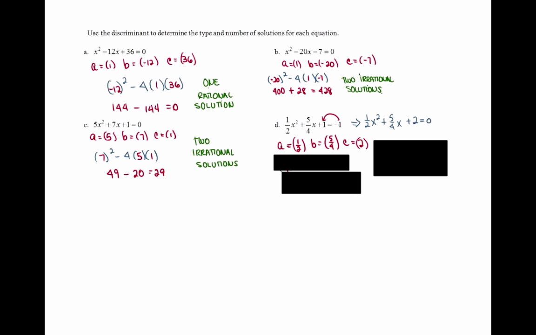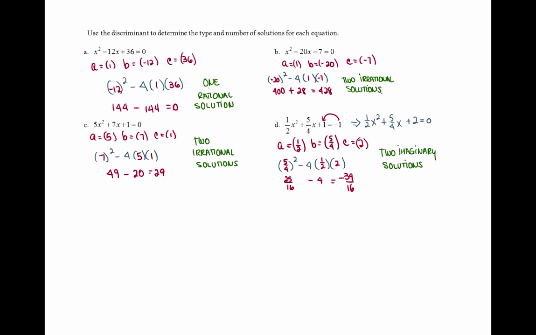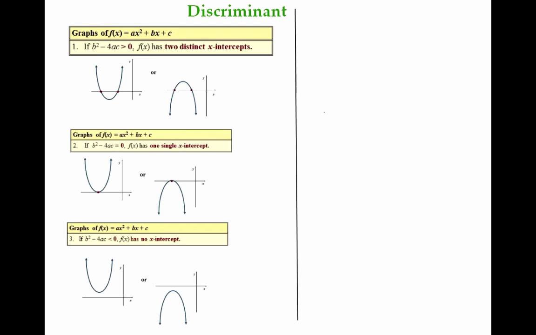First you have to write this in standard form, and then your discriminant would result in what? What did you get for the next one, anyone? 5/4 squared minus 4 times 1/2 times 2. That gives you a negative number. When you get a negative number, it means you get two imaginary solutions, or if you look at the graph, you see that the graph would be such that it never intercepts the x-axis.